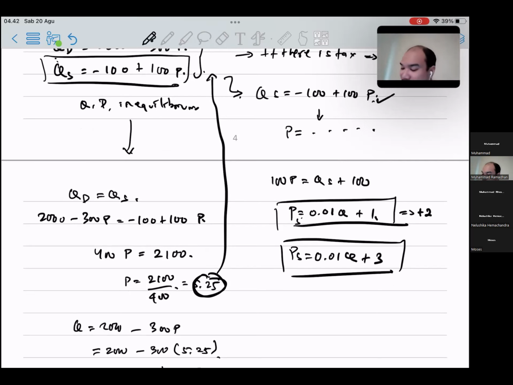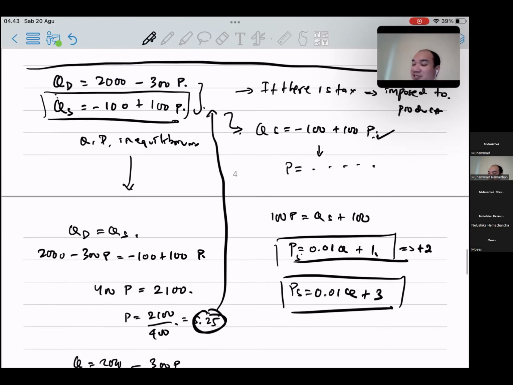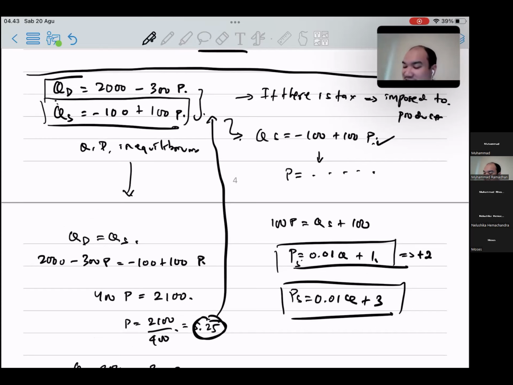It's easy. But if you want to find the new equilibrium, you have to change the equation of demand to P equals something.